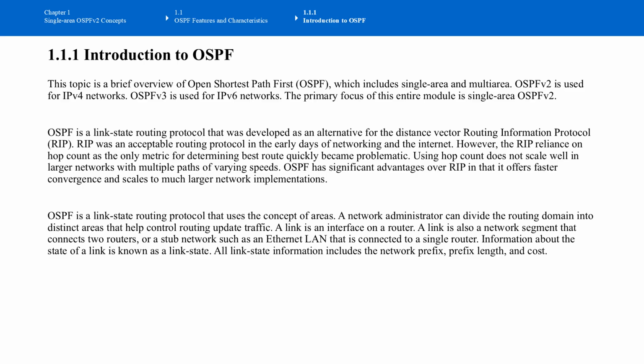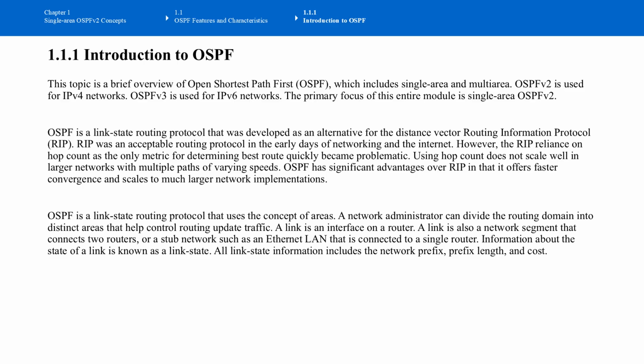OSPF is a link state routing protocol that was developed as an alternative for the distance vector Routing Information Protocol, the RIP. RIP was an acceptable routing protocol in the early days of networking and the Internet. However, RIP's reliance on hop count as the only metric for determining the best route quickly became problematic.